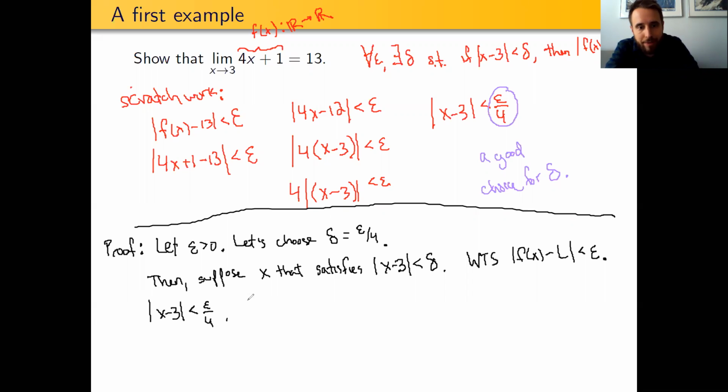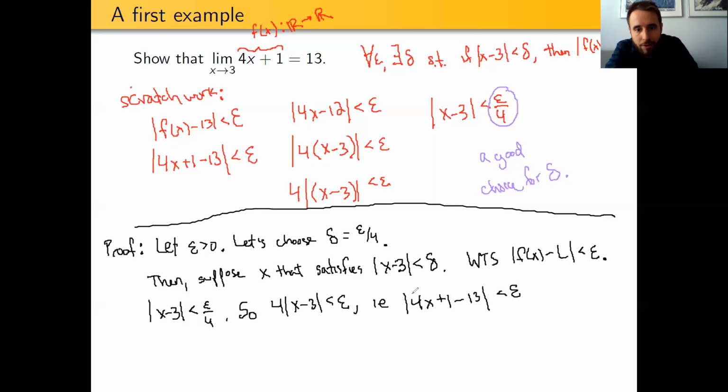So that means that multiplying both sides by 4, we get 4 times absolute value of x minus 3 is less than epsilon, i.e. absolute value of 4x minus 12, which I'll write as 4x plus 1 minus 13, is less than epsilon.